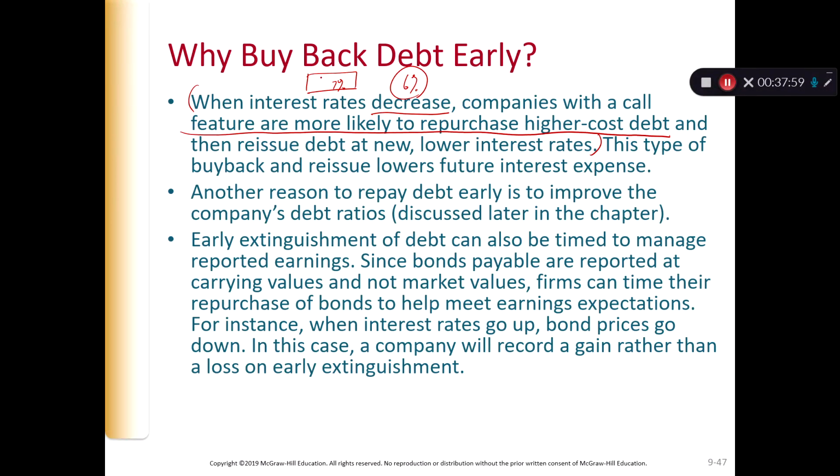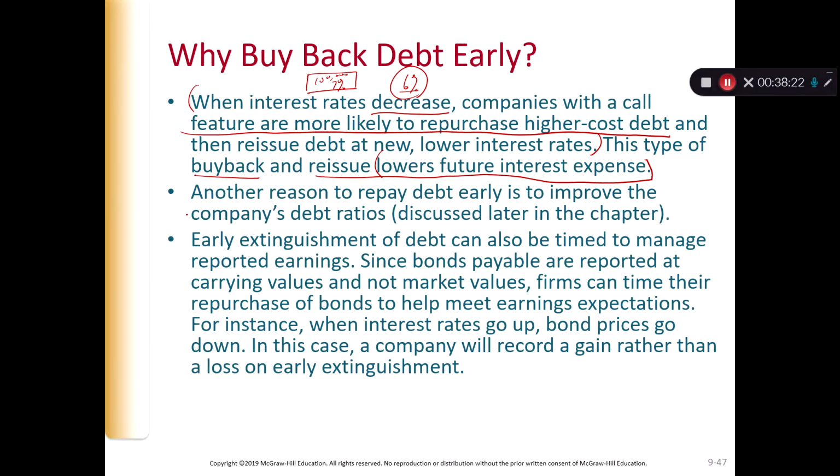However, you get hooked into this bond and you cannot get out. Therefore, you definitely want to buy back this whole bond and then reissue it at a lower cost. That way we are saving money, right? This type of buyback and reissuance lowers the future interest expenses for the company, right?